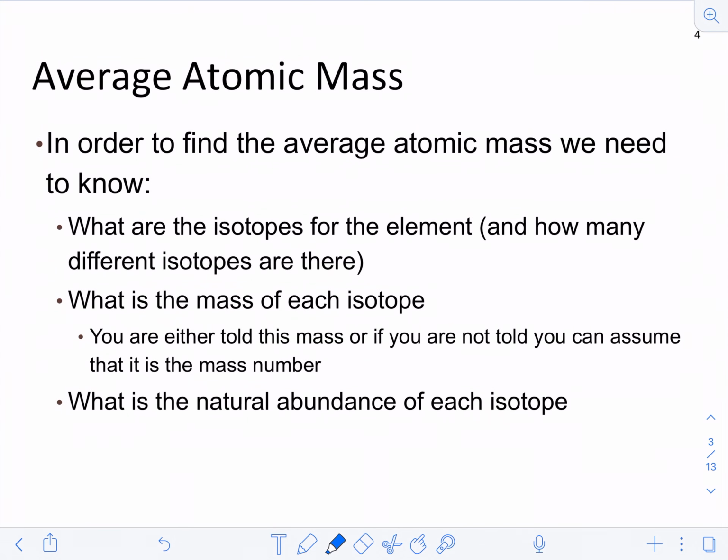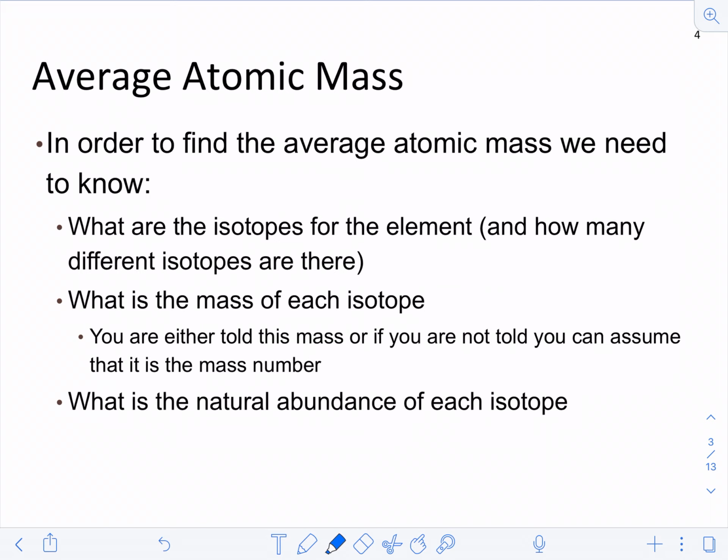All right, so to find the average atomic mass, so the one on the periodic table, we're going to need to know what are the isotopes for the element and how many different isotopes are there. So we need to look at every single possible isotope for that element. We need to know the mass of each isotope, and we're either told the mass number, or if we're not told the really specific mass, we can assume that it's the whole number, and we'll talk about that in a second.